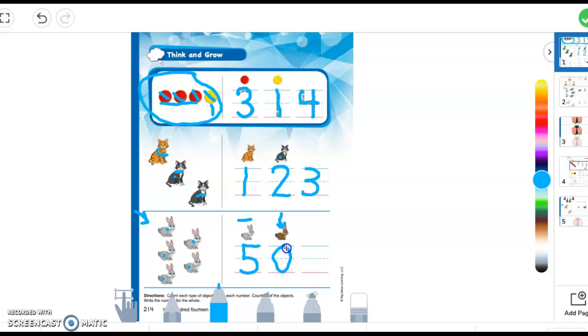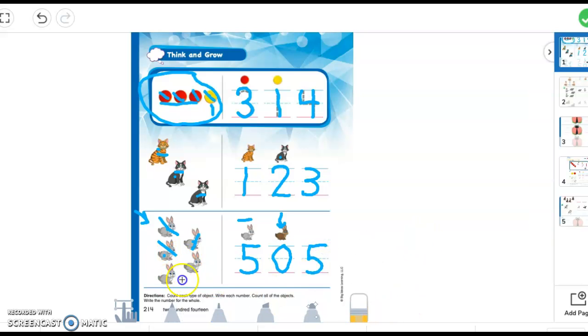We have 0 brown bunny rabbits. How many does our set have as a whole altogether? It has 1, 2, 3, 4, 5. So 5 and 0 is 5.